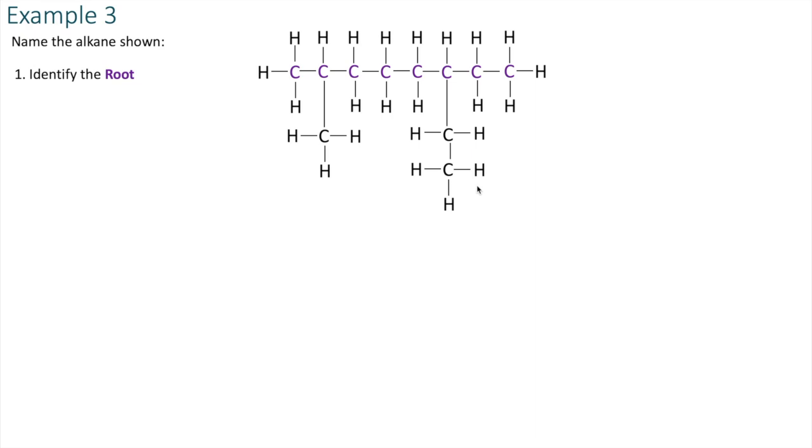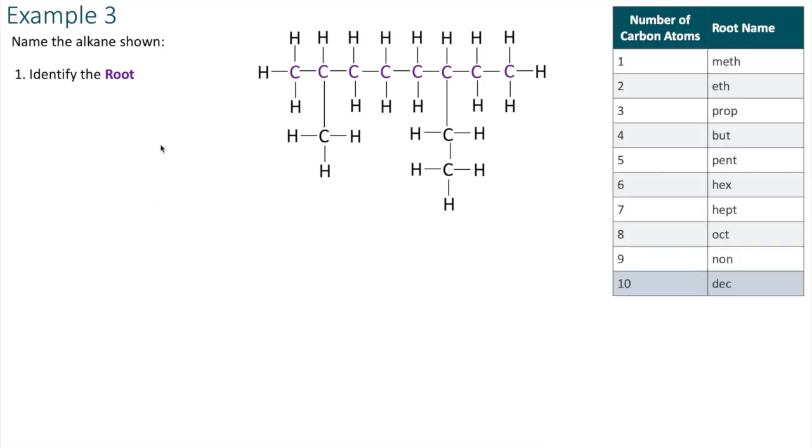The big thing that you need to remember is that you want to have the longest continuous chain possible. How you do that doesn't really matter, as long as it's as long as possible. So we've got an 8-carbon chain. The 8 root name is oct, so we're going to write that down. And since we're dealing with single carbon bonds, we have the suffix of ane: octane.